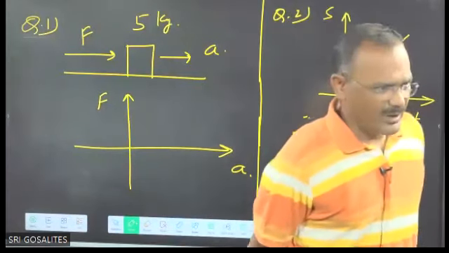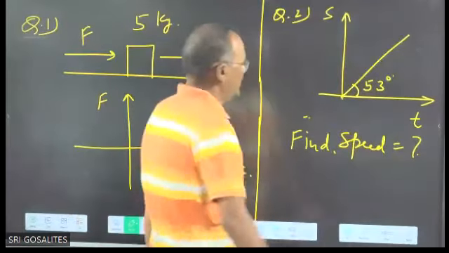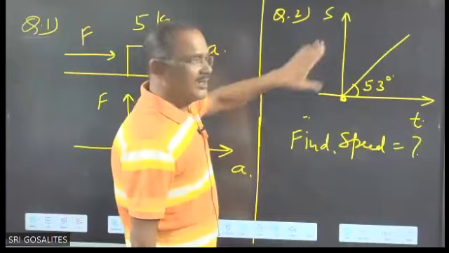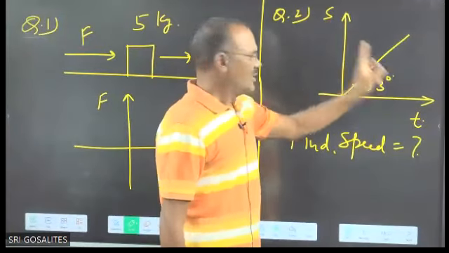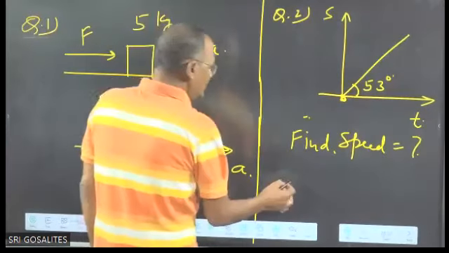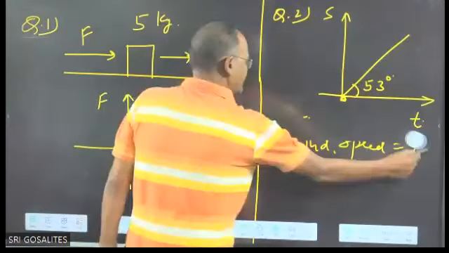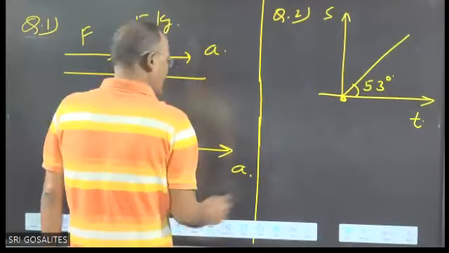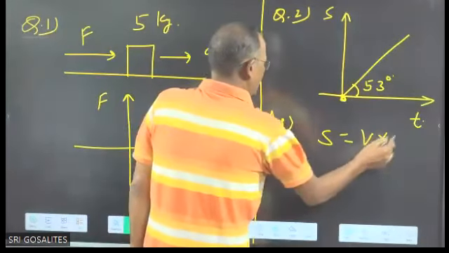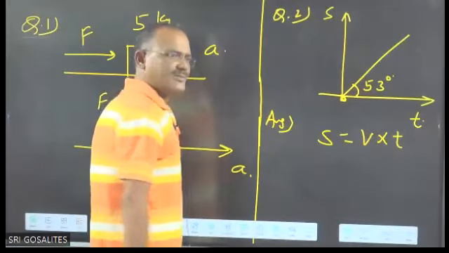Okay, Mr. Pawan Kumar, you tell me what the speed is here and how to get it. First of all, this is Y, this is X. We know that the distance covered by a body is speed into time. Is this or not?